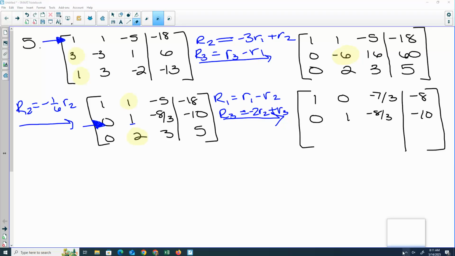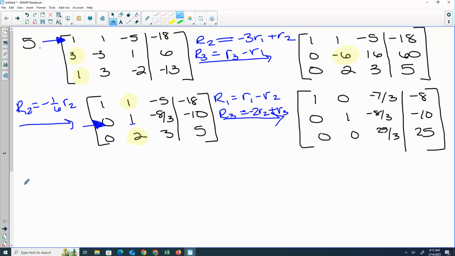Alright, you guys get that row? So if we do -2 times 0, 0 plus 0 is still 0. -2 plus 2 is 0. So it would be 16/3 plus 3. So you get 25/3. 20 plus 5 is 25.